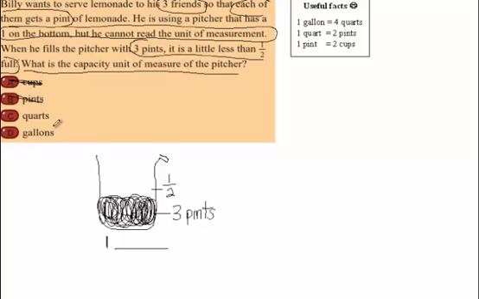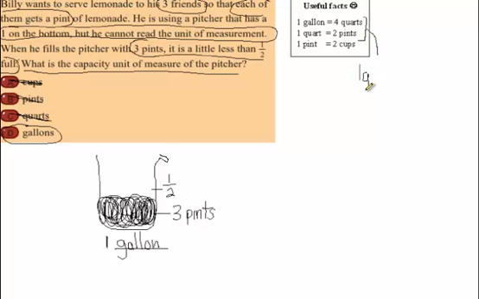There's only one answer it could be. And that's gallons. But I want you to understand why. Think about it. 1 gallon is 4 quarts. 1 quart equals 2 pints. So let's get some practice and try to combine these together.